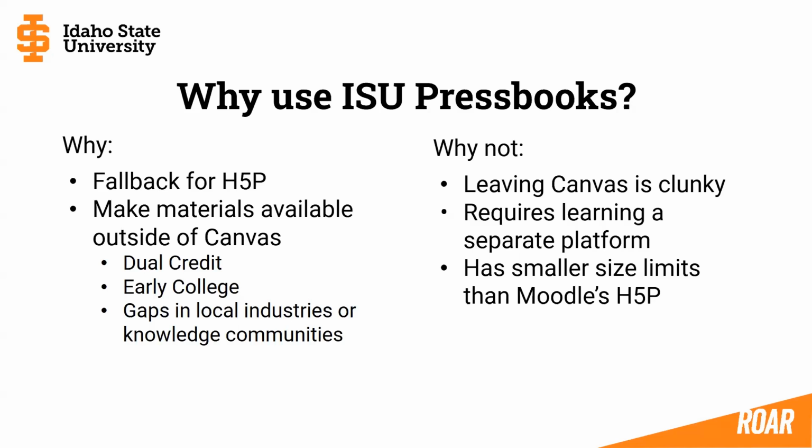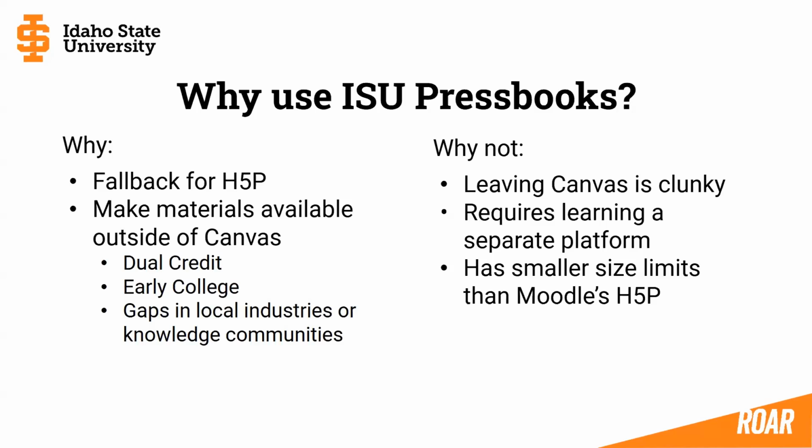Reasons you might not think of it as ideal in terms of interactivity, for this specific alternative between Canvas and Pressbooks: leaving Canvas is clunky as a student and as an instructor, so it's not ideal in terms of that experience. It requires learning a separate platform for you to author over there while we're also all learning Canvas, so it might not be the best time for you to start learning a second platform.